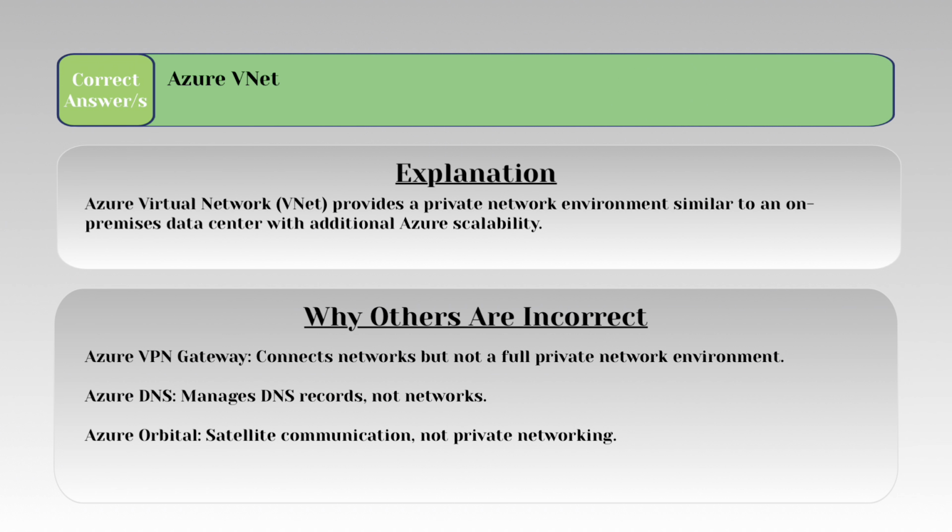Explanation: Azure Virtual Network provides a private network environment similar to an on-premises data center with additional Azure scalability. Why the other options are incorrect: Azure VPN Gateway connects networks but is not a full private network environment. Azure DNS manages DNS records, not networks. Azure Orbital is satellite communication, not private networking.